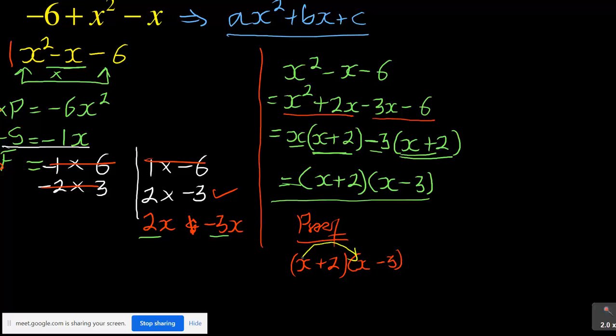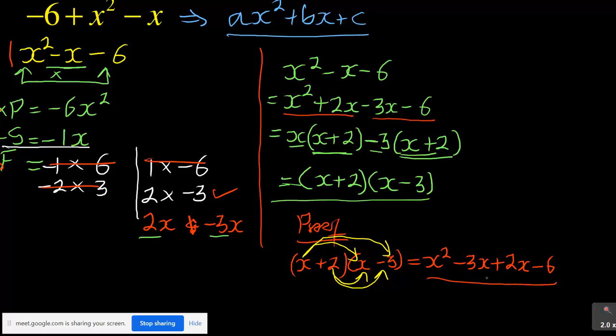This one multiplies like that, this multiplies like that, and this multiplies like that. So it will give me what? It will give me the first one, x times x, x squared, then x times minus 3, minus 3x, and then x times 2 is positive 2x. And then 2 times negative 3 is minus 6.